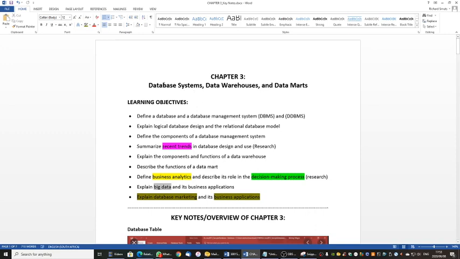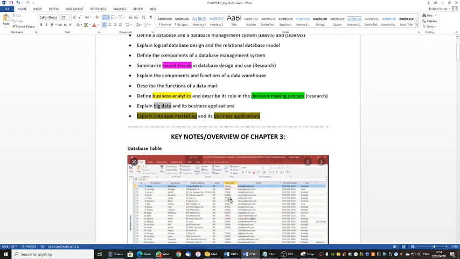So although we're talking about database systems and data warehouses and data marts, we are effectively heading towards using these for database marketing and business applications. So if you look at the thrust of this chapter, even though they are explaining database systems, we are actually talking about marketing and gaining competitive advantages.